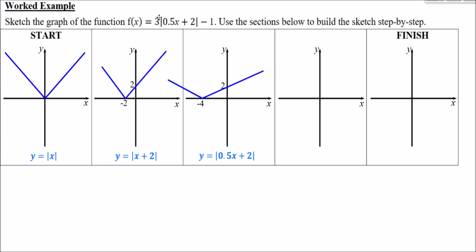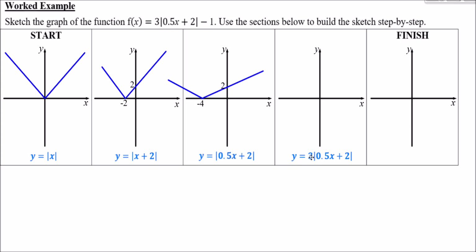Next we step outside. Outside of it, normal rules apply and common sense does. So now we're going to multiply by 3, then do the minus 1 after. So after doing the modulus of 0.5x plus 2, now consider going from this to y equals 3 lots of the modulus of 0.5x plus 2. That 3 is outside the modulus symbol, so it doesn't affect the x, it affects the y values, and because it's outside the modulus symbols, it affects in a common, obvious sense way.